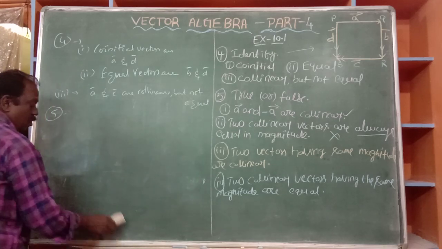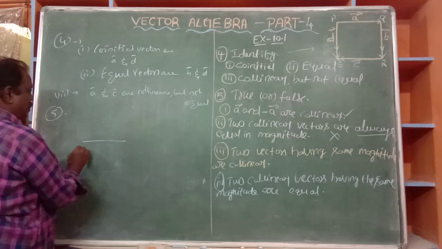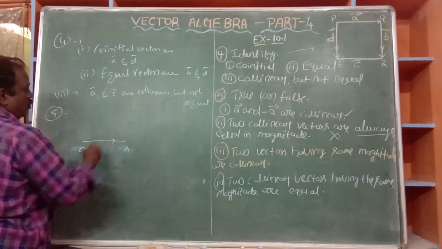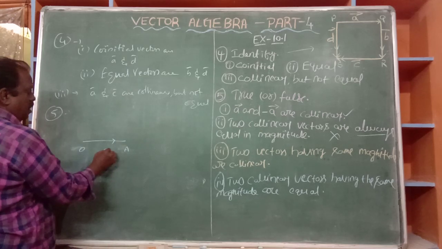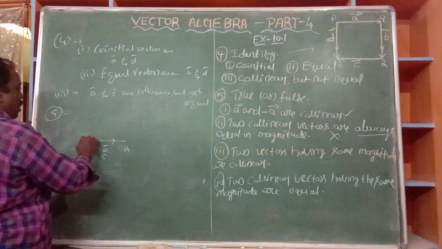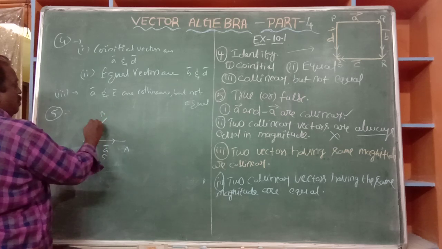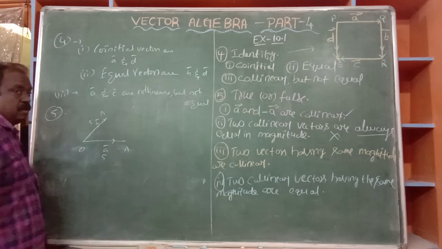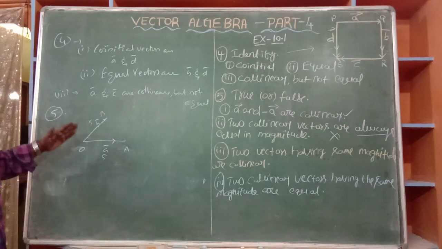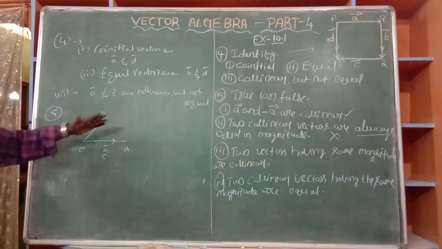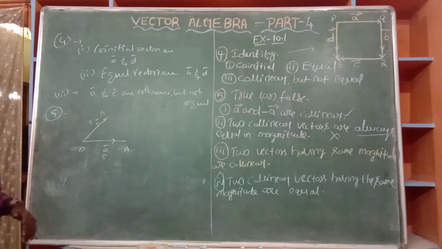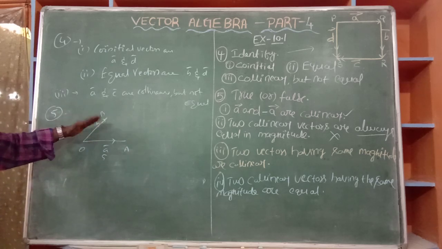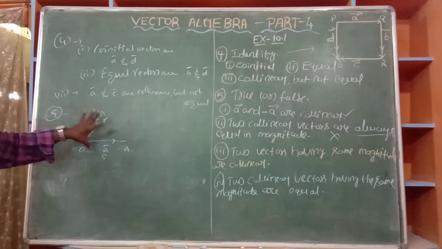Now, two vectors, suppose we take A bar, which is 5 units, and B bar, which is the same length, 5 units. They are not parallel to the same line. So here A bar and B bar are at a different angle, so they are not collinear.